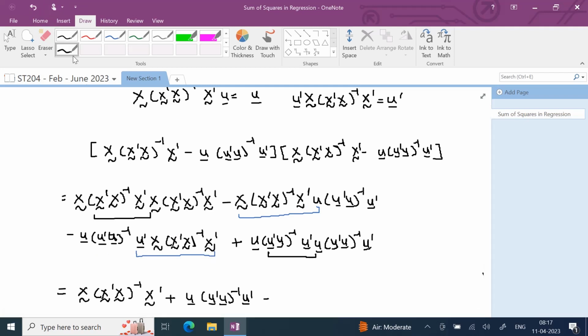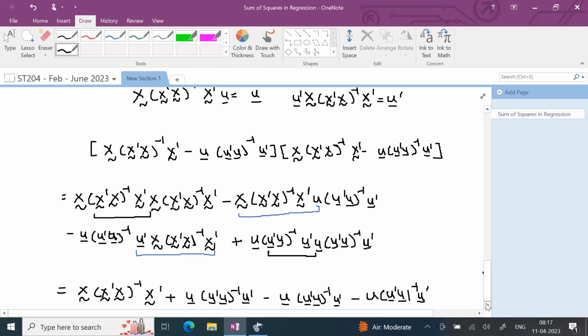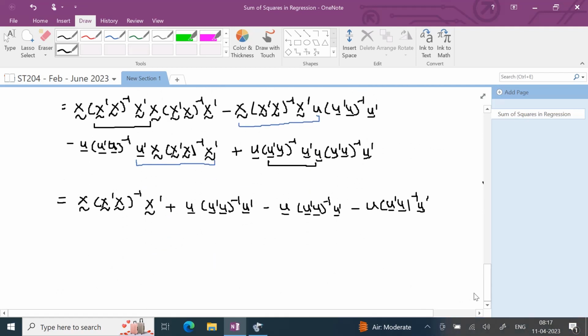Okay, so let me now write those. So I have U(U'U)^{-1}U', and the third term becomes U(U'U)^{-1}U'. Correct. So basically I have the same term now occurring thrice, but with two minuses and one plus sign.